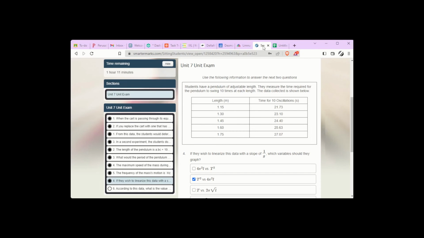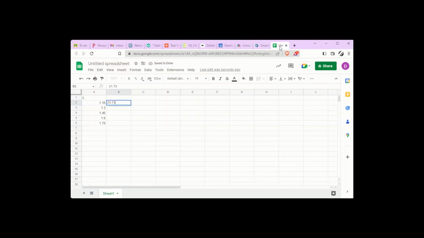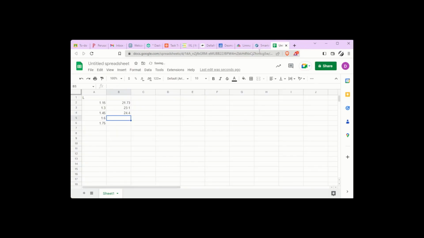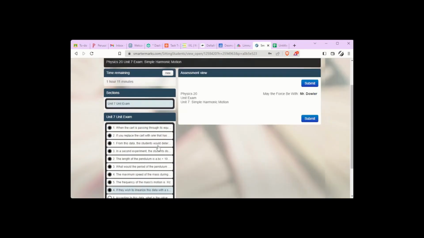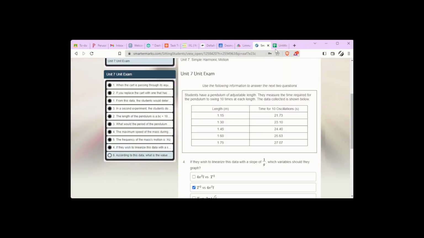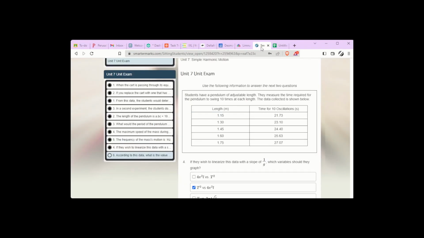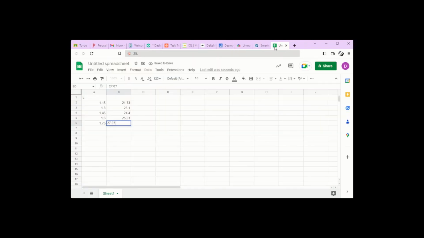And then we have 21.73, 23.10, 24.40. Didn't mean to close that tab. Oh, 25.63, and our final number is 27.07. That's our time for 10.